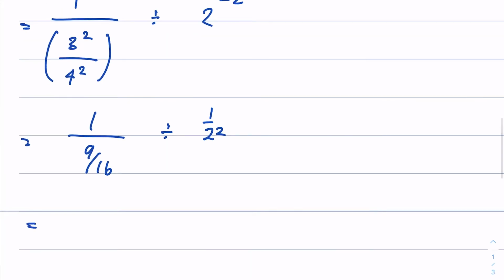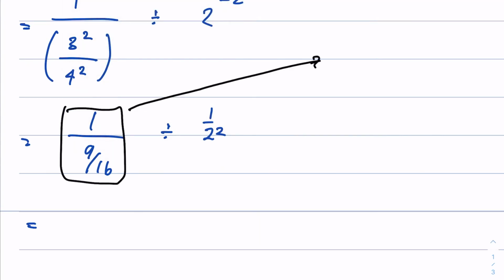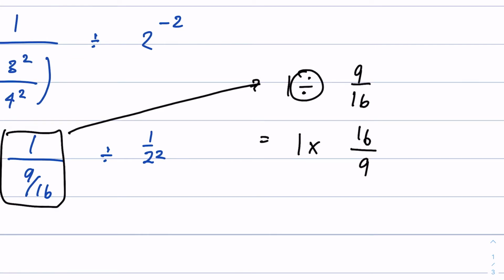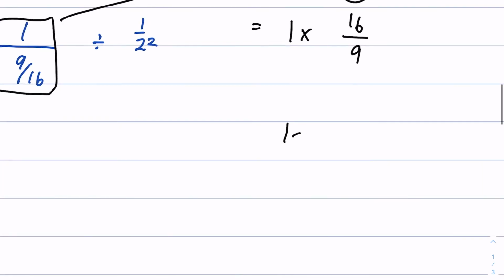Now, let's settle this first. To not complicate things, this is basically 9 over 16 divided by 1 over 4. Division, you can swap this to be times 16 over 9. When you have a division, the fraction or the second term will have to swap its place. So let's say if you have 1 divided by 2, it's 1 times 1 over 2, which gives you half.